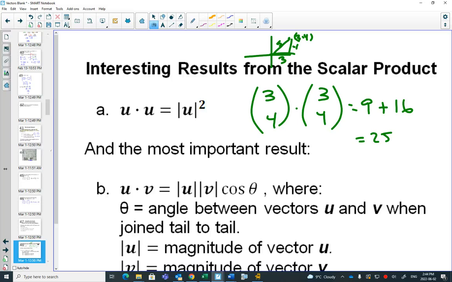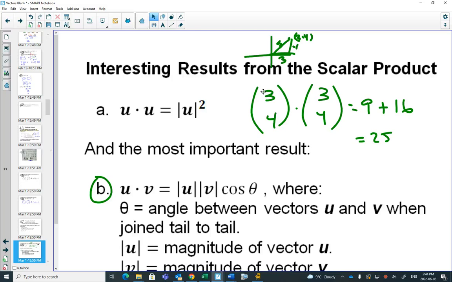This isn't really finding us anything super important, but this one is where things get very powerful. It just so happens that the dot product of two vectors is equal to the length of the one vector times the length of the other vector times cosine of the angle between the two vectors.